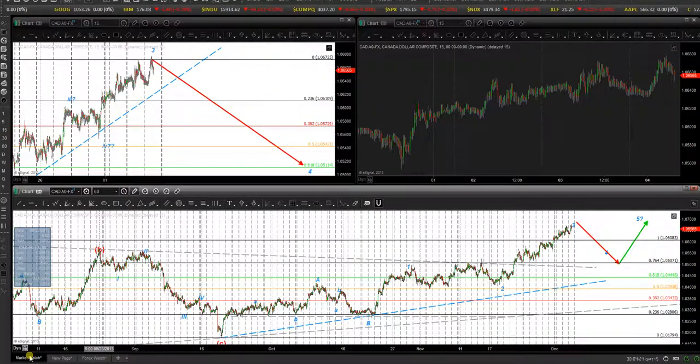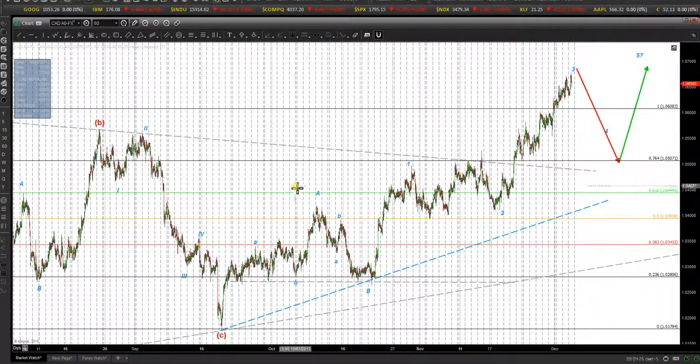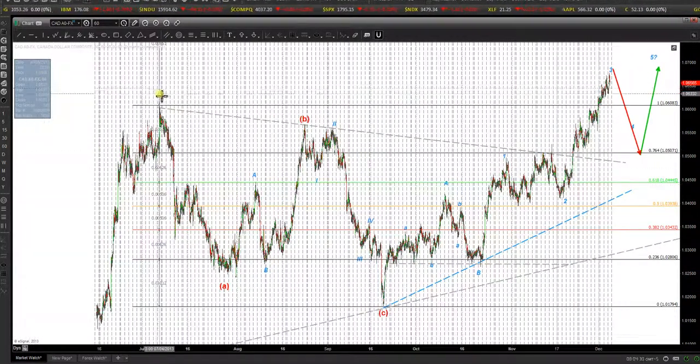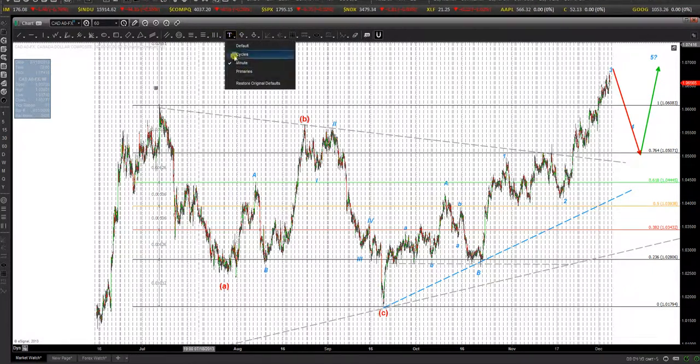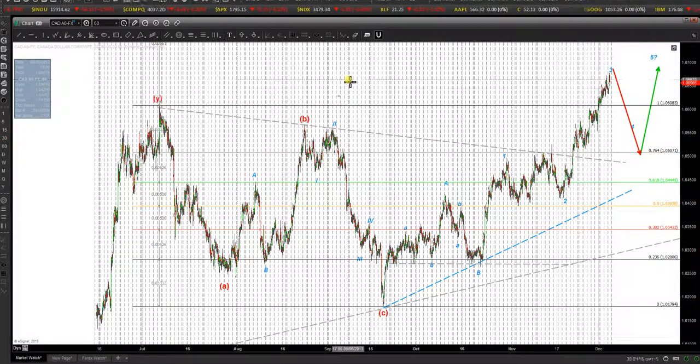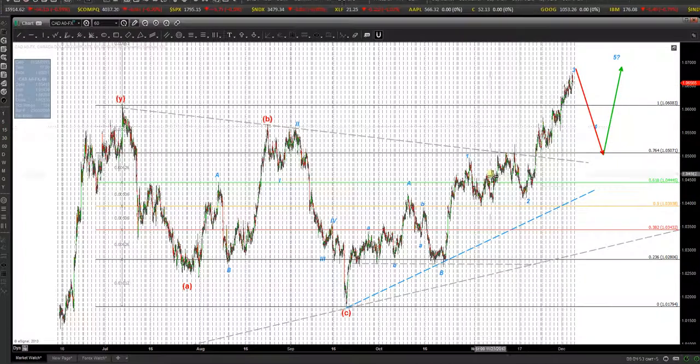Now, as we jump down on the hourly charts, we get a closer look at the picture. So this is the end of the wave Y. So we have the end of wave Y right there, and then we have the ABC formation for the X wave, and then now we're working on the Z wave.